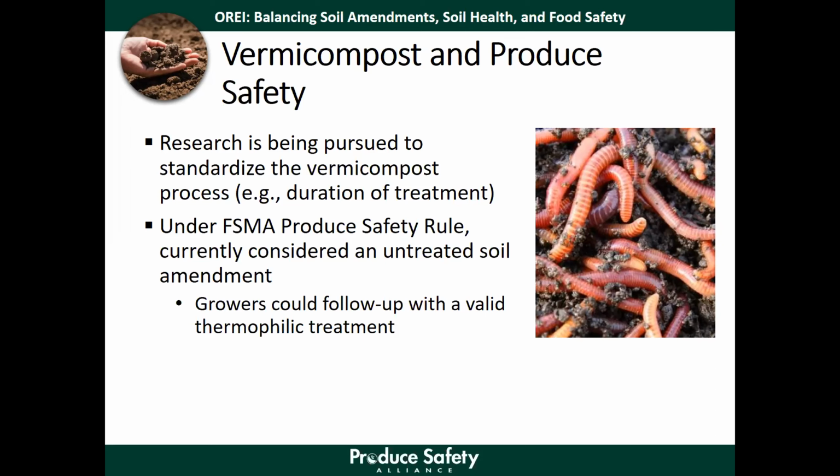I have seen growers use a vermicomposting process and then follow it up with a different compost process, such as a thermophilic treatment, but that is quite a bit of additional work. But I just wanted to share with you how it currently falls under the produce safety rule.